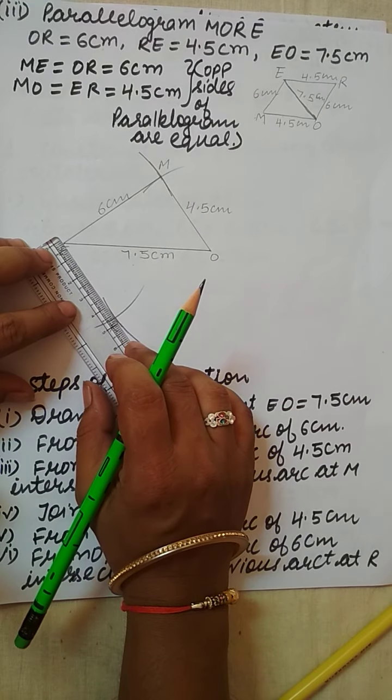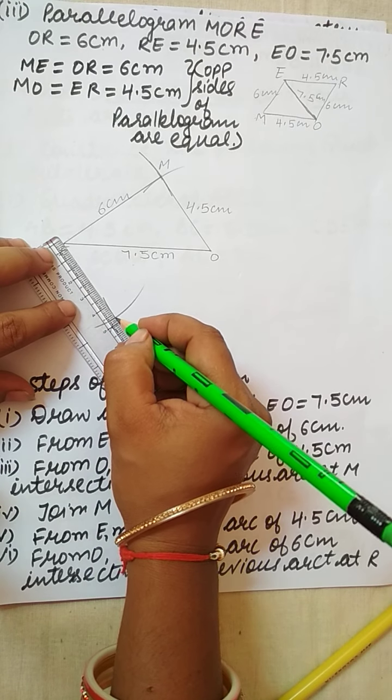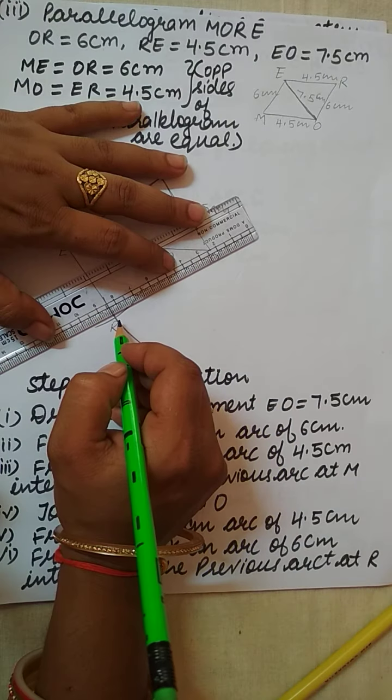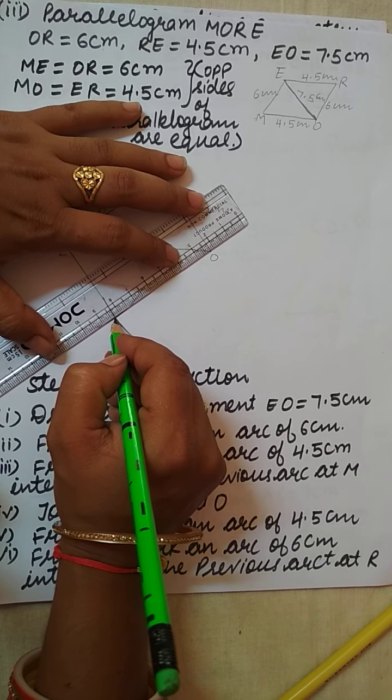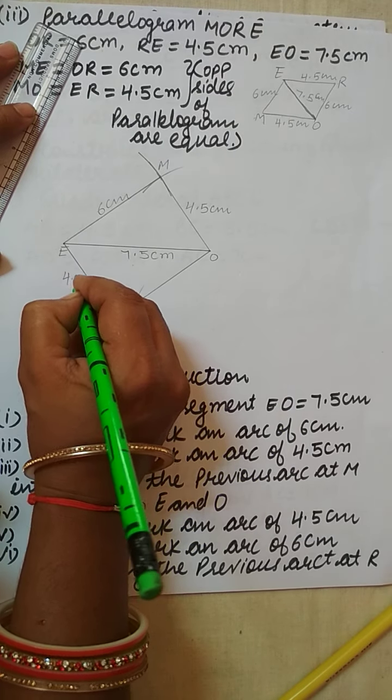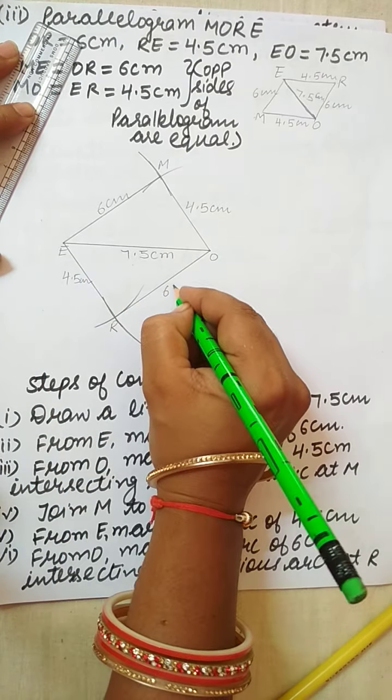This is to join R to E and O. This is 4.5 centimeter. This is 6 centimeter.